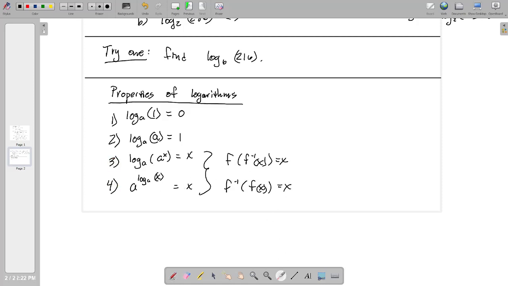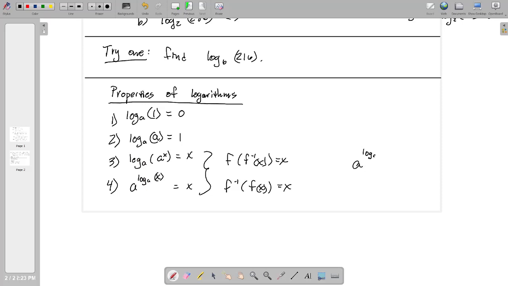These two properties here, one is taking the exponential function a to the x and composing it with its inverse, and the other is taking the logarithm, log base a of x, and composing it with its inverse. Now, since they're inverses of each other, these two are going to look a little bit similar.